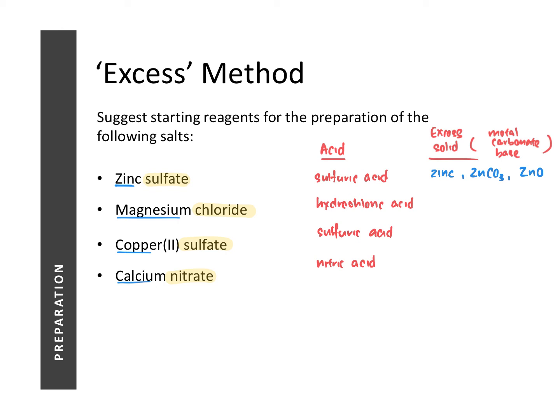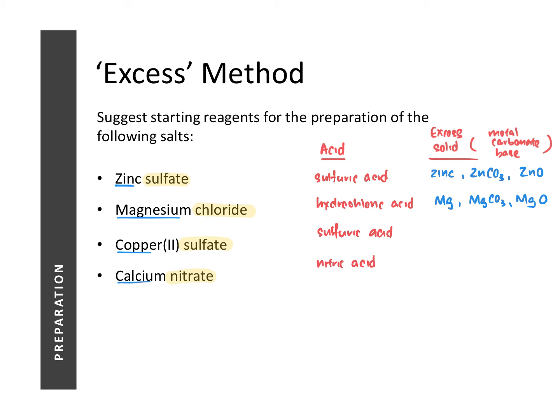For magnesium, we can use the metal, carbonate, or the base, magnesium oxide. Alright, in this case, we need to take note that not in all cases can we use all three. What do I mean by that? Let's move on first. In a while I will show you.